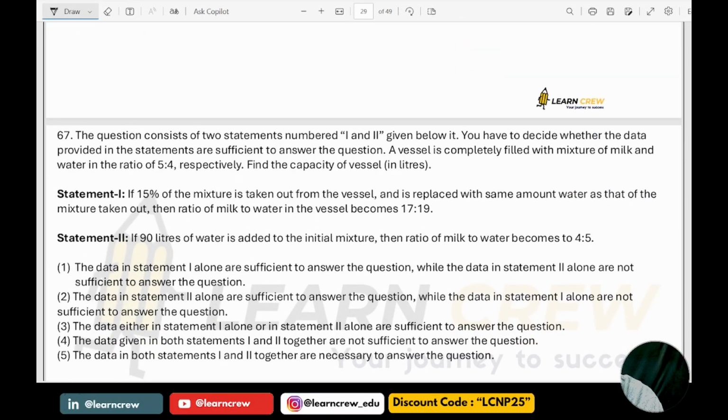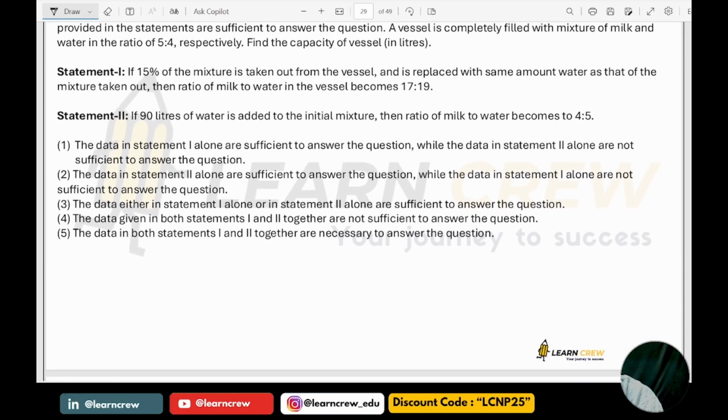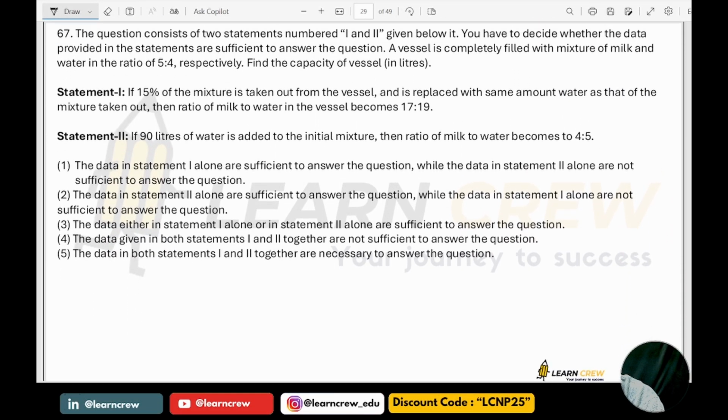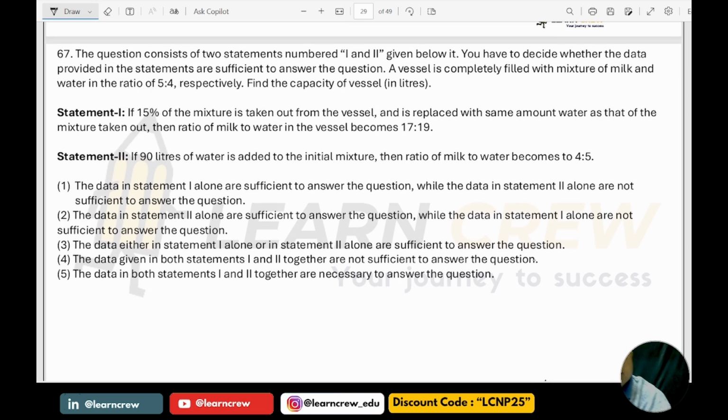Now what about 67? Also based on sufficiency only. A vessel is completely filled with a mixture of milk and water in the ratio 5:4 respectively.